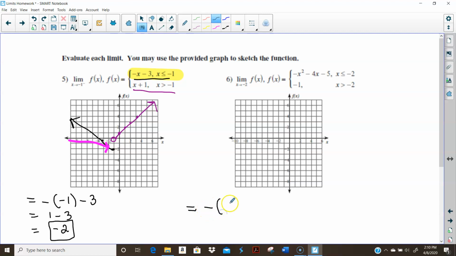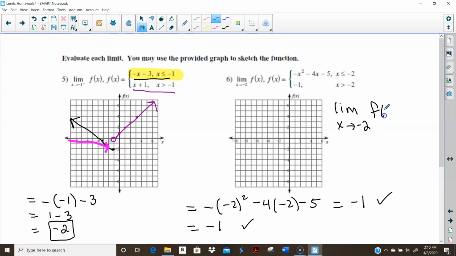So it's the opposite of -2 squared, subtract 4 times -2, subtract 5. When you simplify that all down, you're going to get -1. The second piece has nothing to substitute, so it actually equals -1. Check, check. Both are the same, and so the limit as x approaches -2 of f of x is equal to -1.